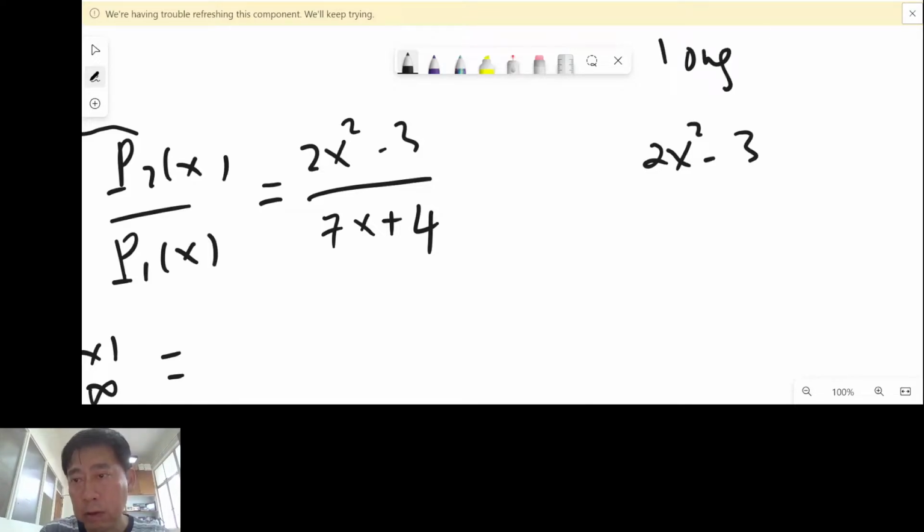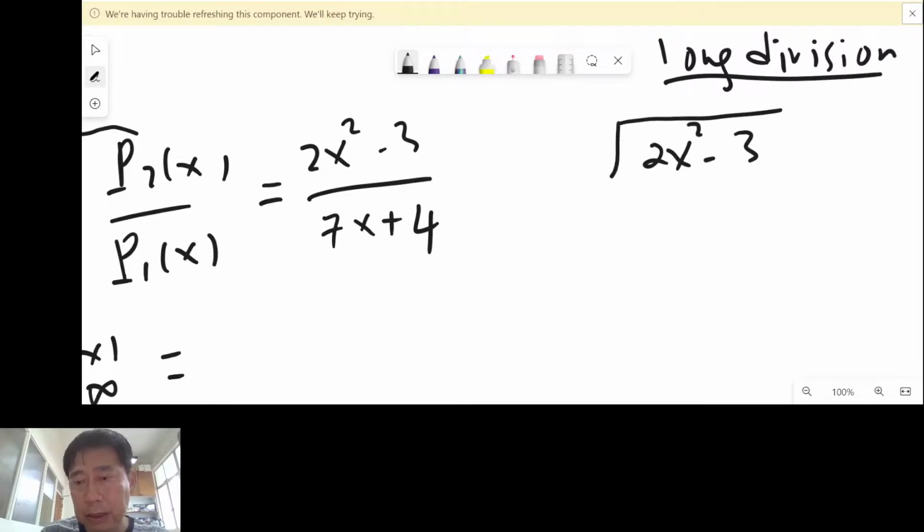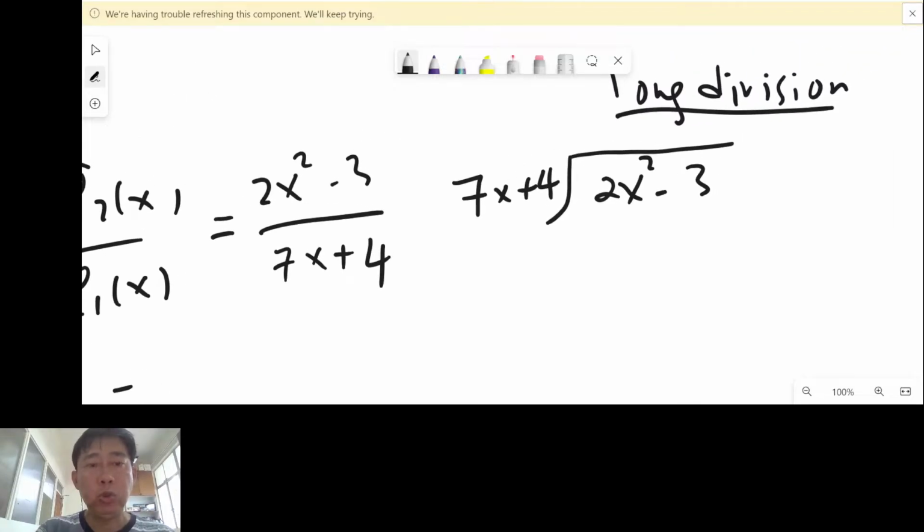A long division is an operation of dividing the numerator function by the denominator function. So here you want to divide 2x squared minus 3 by 7x plus 4.